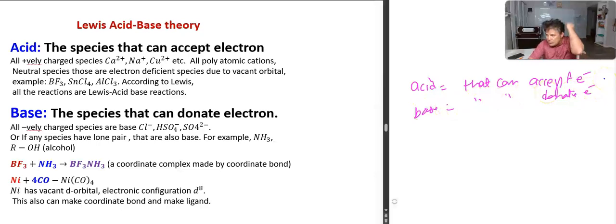They have additional electrons and they can donate their electrons. So that's the Lewis acid base theory.